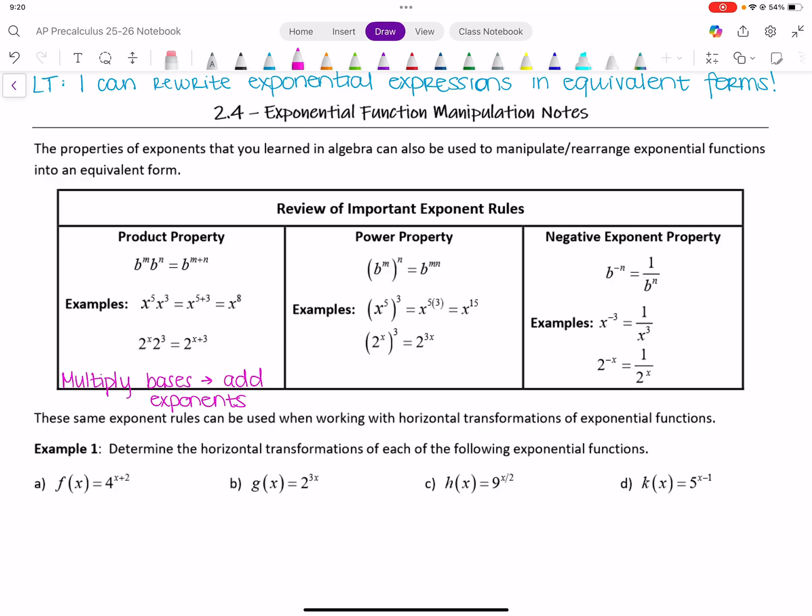And then for the power property, when we have an exponent raised to another exponent, we multiply our exponents.